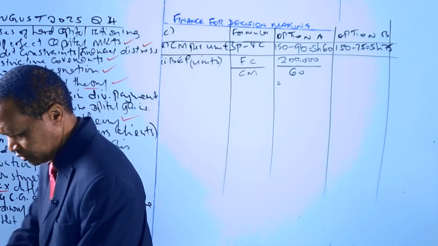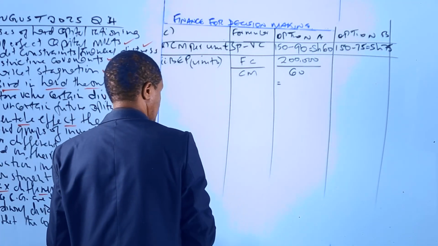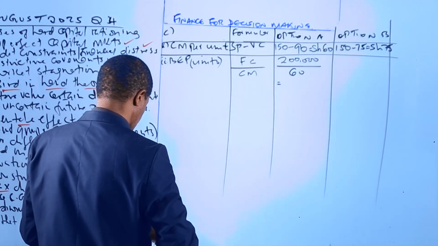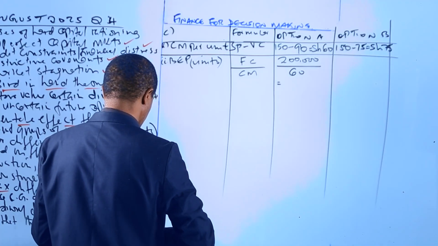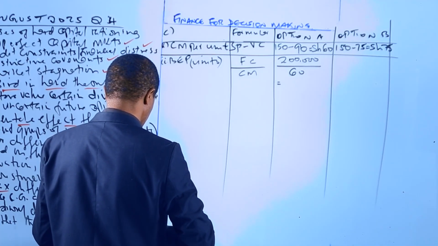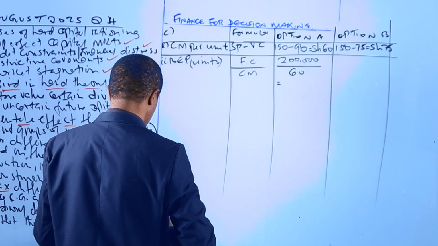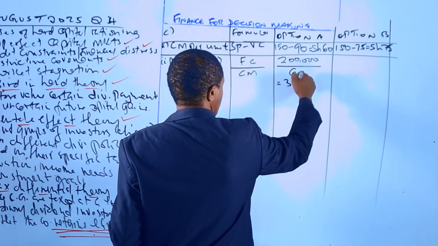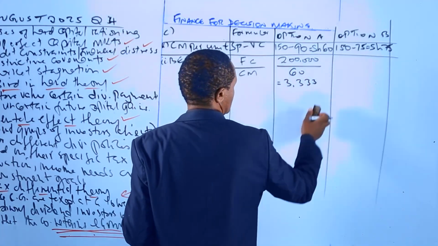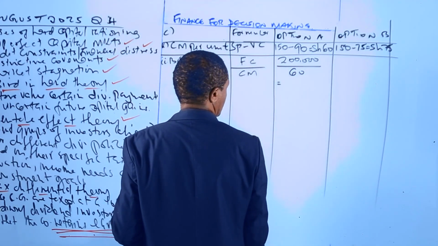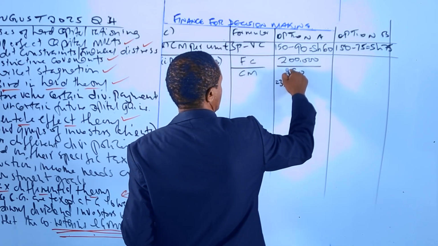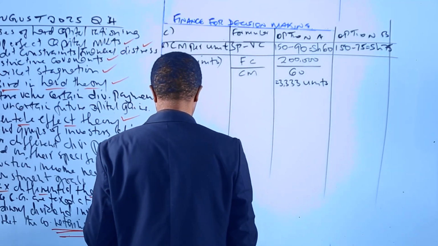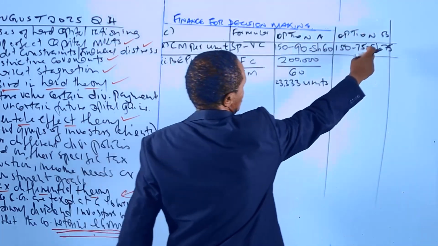So I'll get my machine. 200,000 divided by 60. This is equal to 3,333 units.